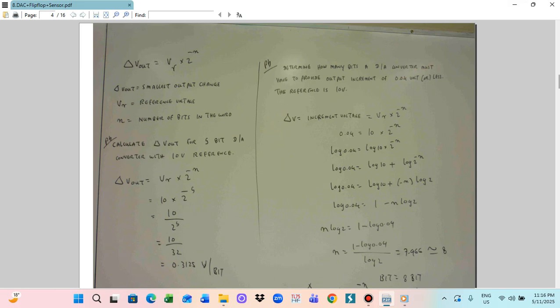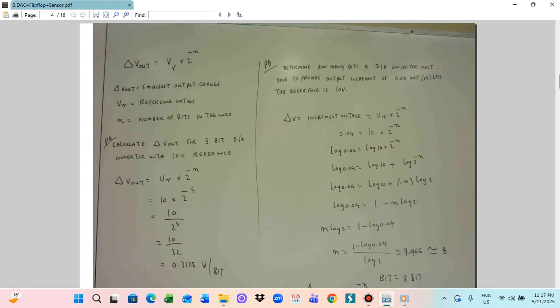Now let's use this for the first problem: a 5-bit digital to analog converter with a 10 volt reference.